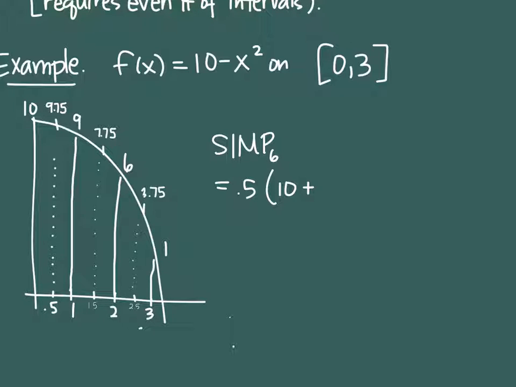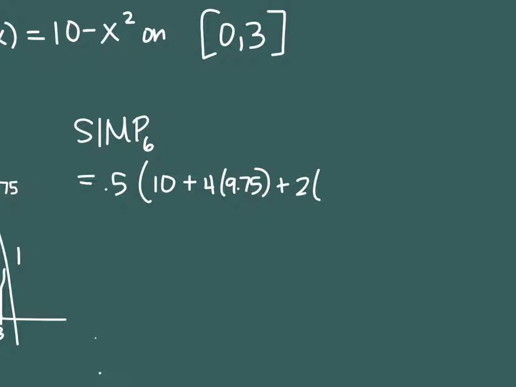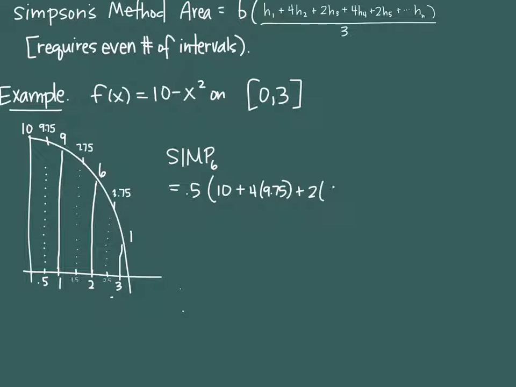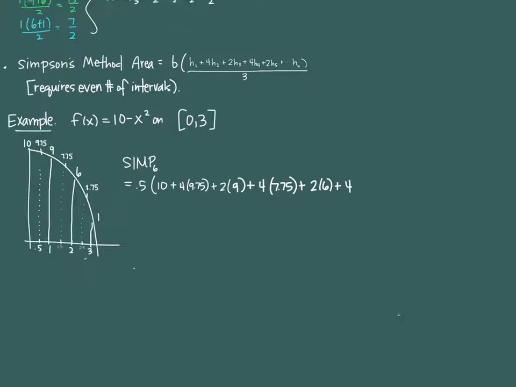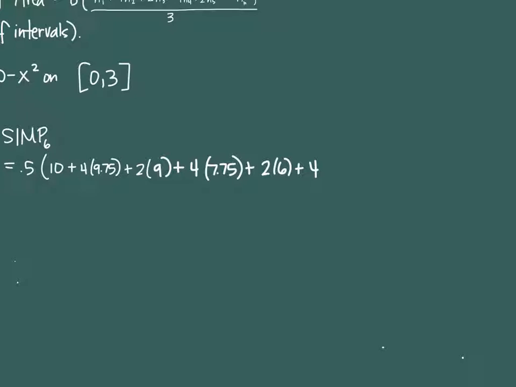Okay, plus 4 times the next one. So 4 times 9.75 plus 2 times the next one, which was 9, and then 4 times the next one, which is 7.75, and then 2 times the next one, which was 6, and then 4 times the next one, which was 3.75, and then the last one is just by itself at 1.